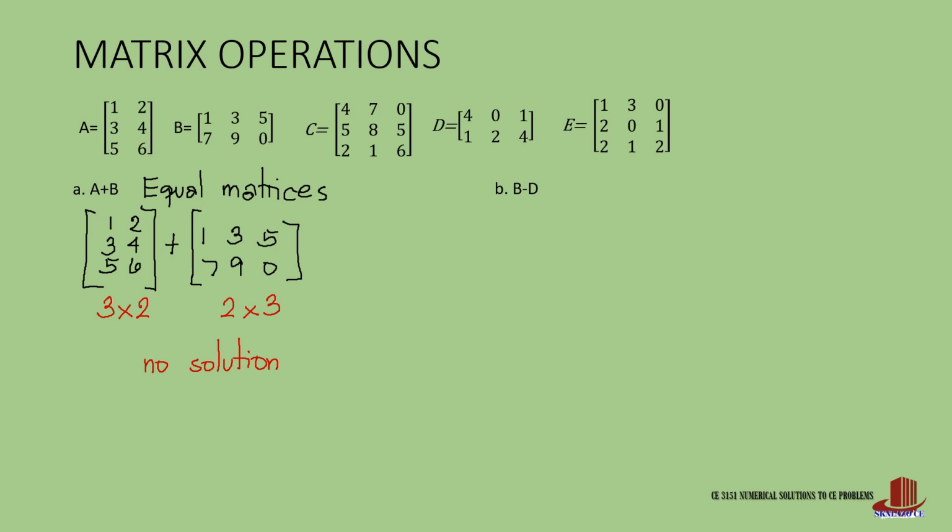So let's check matrix B. We have 1, 3, 5 for the first and 7, 9, 0 for the second row. This would be subtracted with matrix D having these elements.